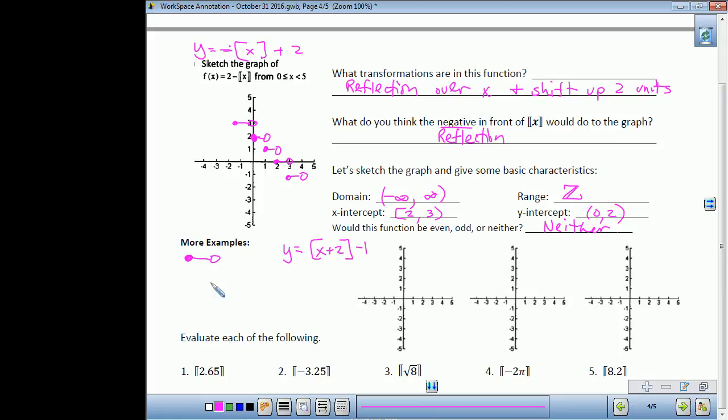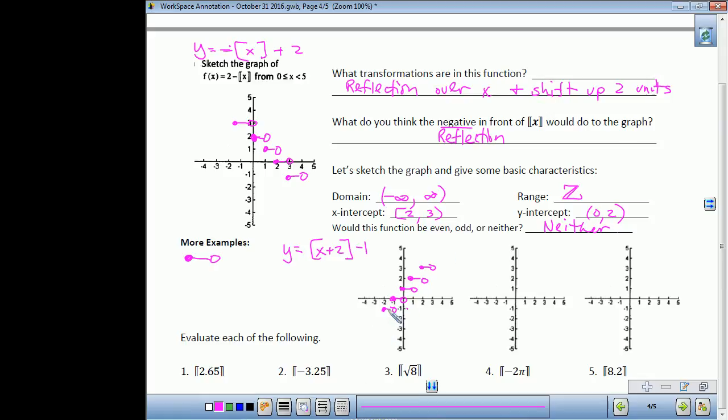So the first little barbell, that's what we're moving around. This barbell is going to get shifted to -2, -1. It's the first step. And then we jump up 1. And then we jump up 1, and again, and again.